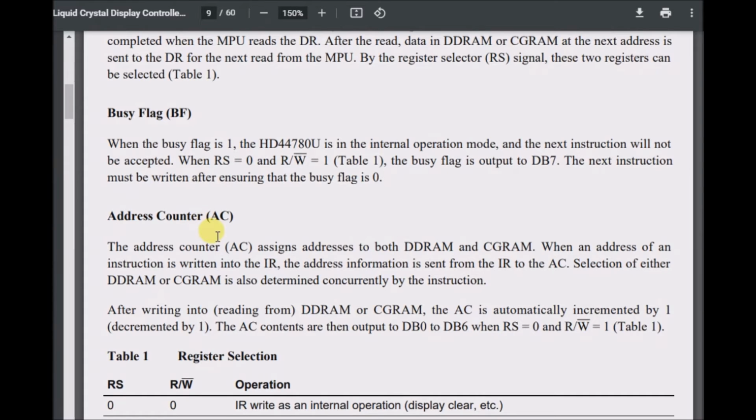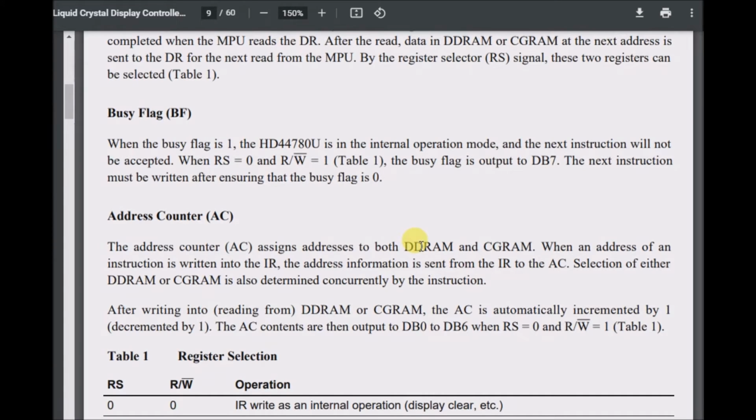Address counter, AC. The address counter AC assigns addresses to both DDRAM and CGRAM. When an address of an instruction is written into the IR, the address information is sent from the IR to the AC.